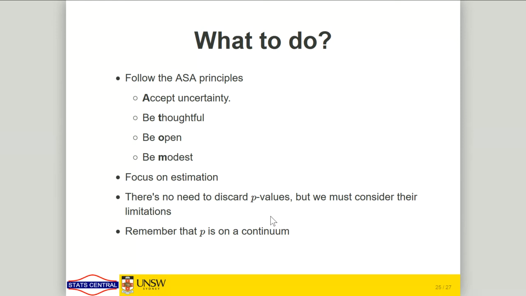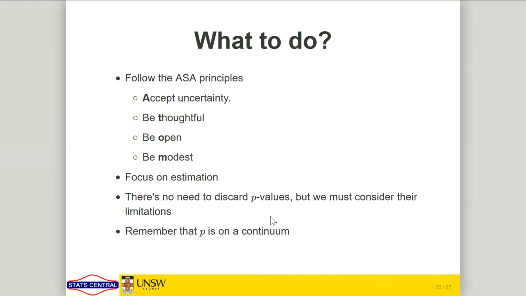Just comparing it to a fixed level is not the right way to go about it. They were originally designed to be considered as continuous. There was no strict rule about comparing them to a fixed level, and it was only when they got mixed together with this approach to inference that brought about this idea of null hypothesis significance testing. And they weren't originally designed to do this.